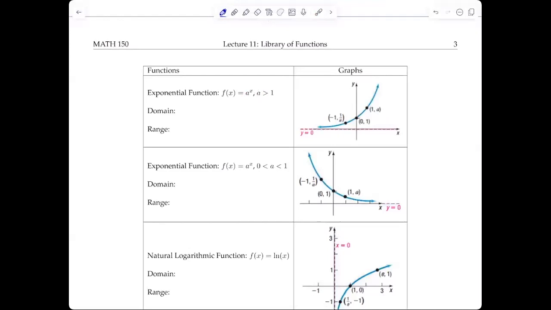The domain in this case, sorry, is negative infinity to positive infinity. The range is from 0 to positive infinity. This graph is called exponential growth.